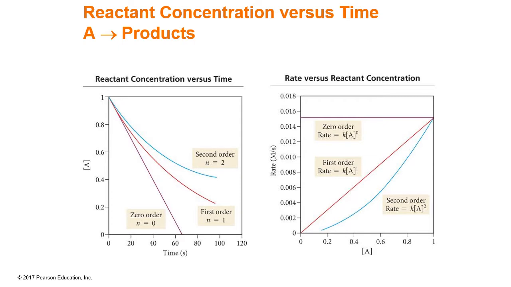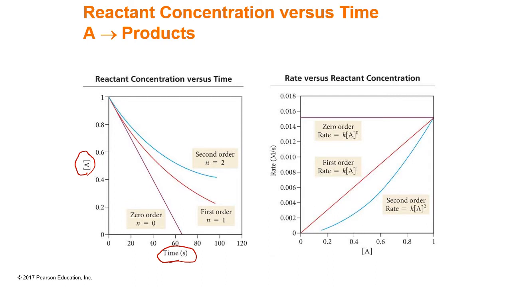If we look at the relationships graphically, let's start with the concentration of our reactant and the time. Our zero order reaction has a linear relationship between our concentration and the time that it takes the reaction to occur. The first and second order are not linear.